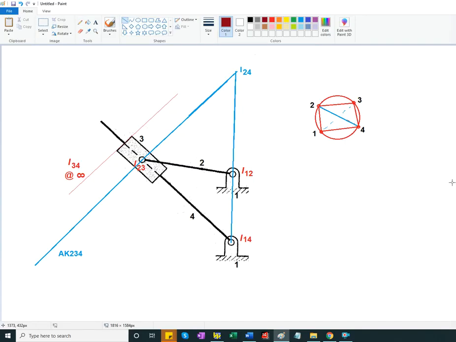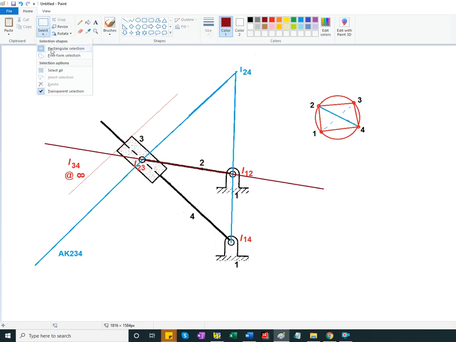So I'm connecting 1, 2 with 2 3. This actually can be moved. 1 2 2 3, and then I have 1 4 and 3 4. So 1 4 connected with 3 4. So what I need to do is again draw a perpendicular.